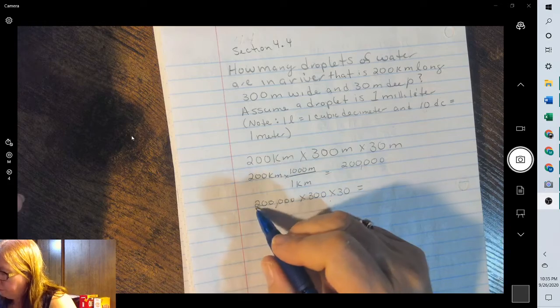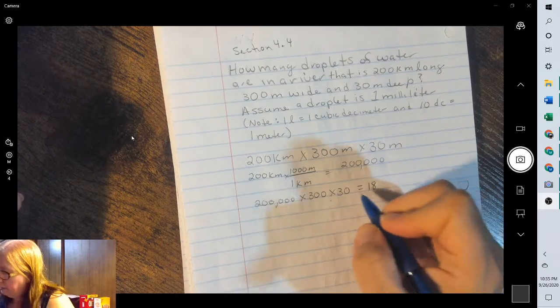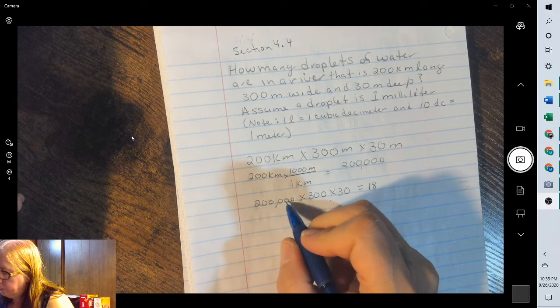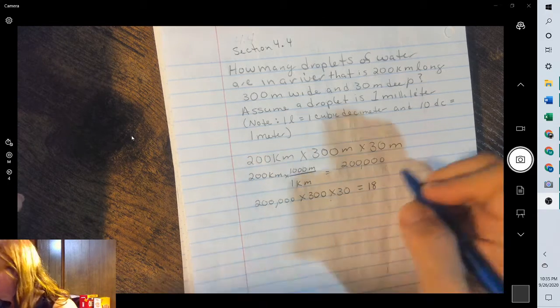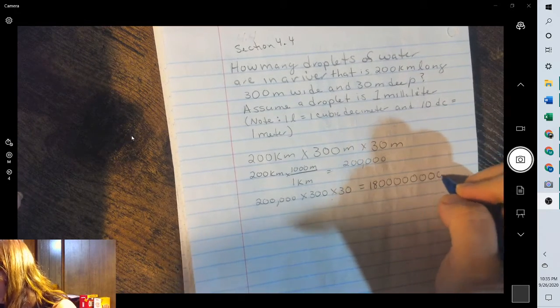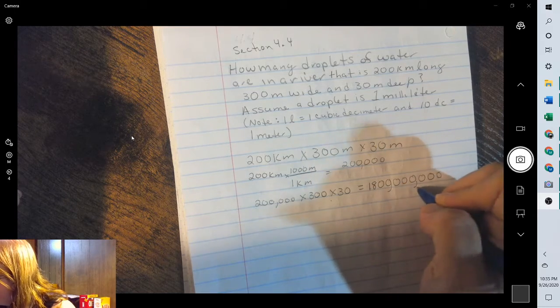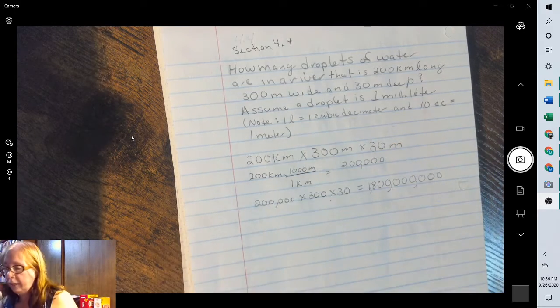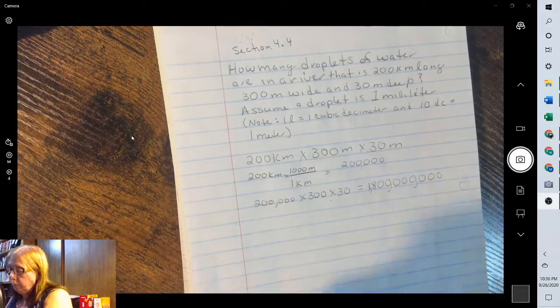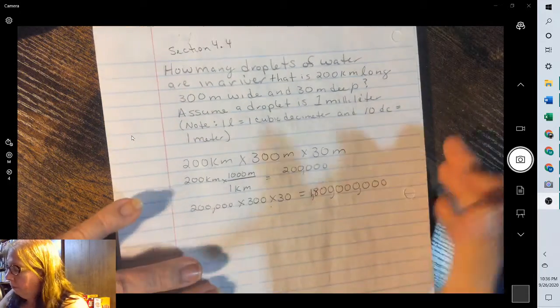Now you can go 2 times 3 is 6 times 3 is 18, and then count your zeros: 1, 2, 3, 4, 5, 6, 7, 8. Thousand million, so 1.8 billion meters.